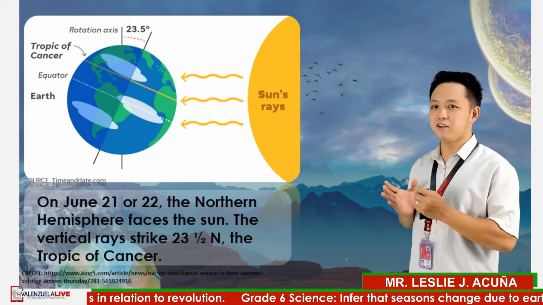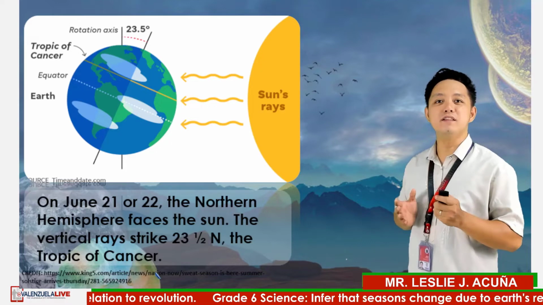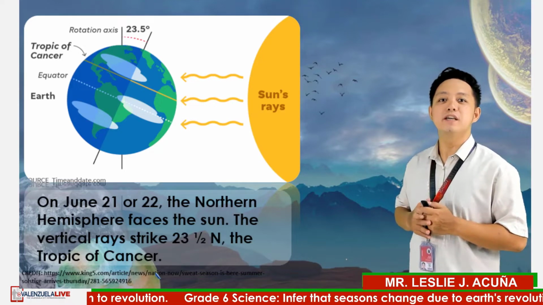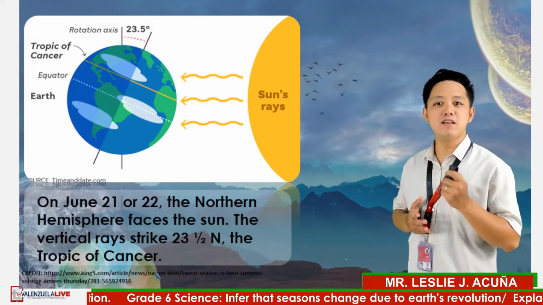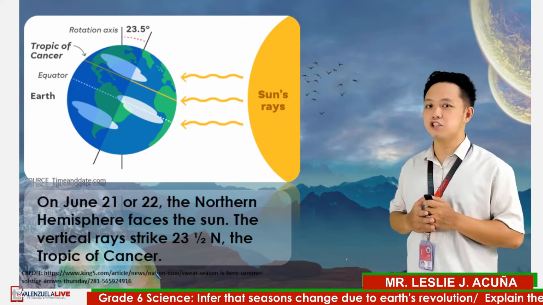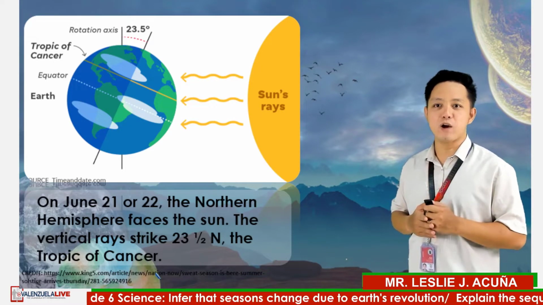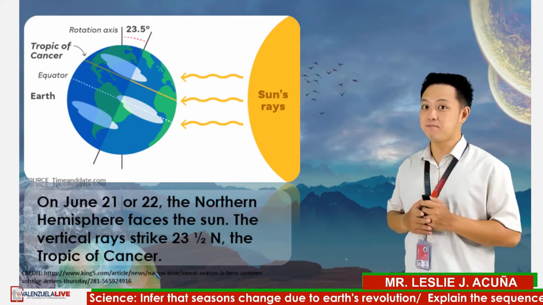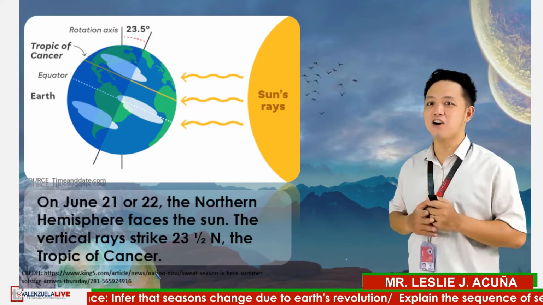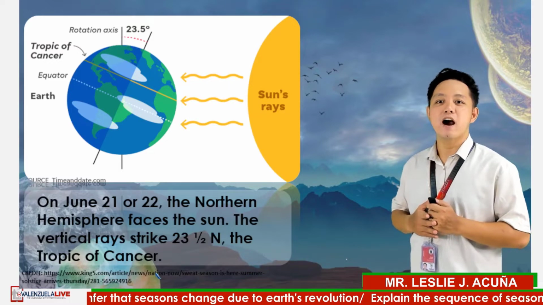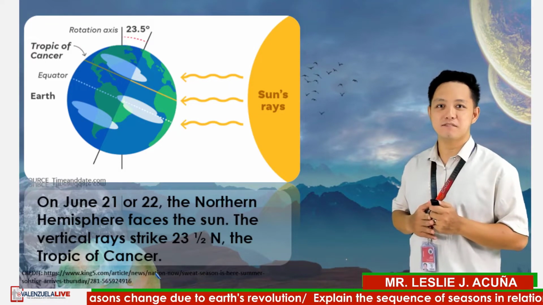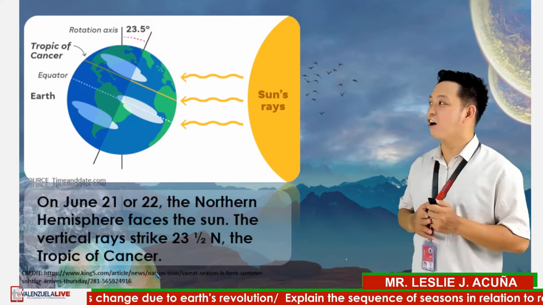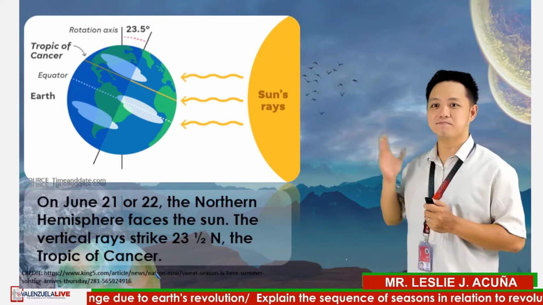The vertical rays strike 23½ degrees north, the Tropic of Cancer. So the places at the northern polar region have 24 hours of daytime, and the rest of the northern hemisphere has longer daytime than night. It is summer on these places.